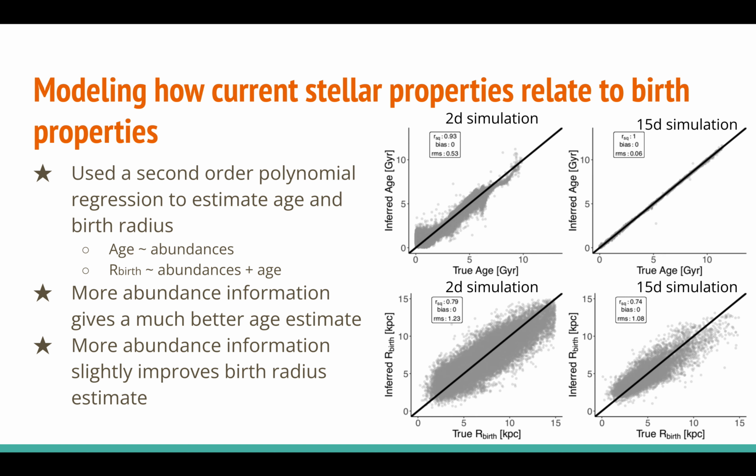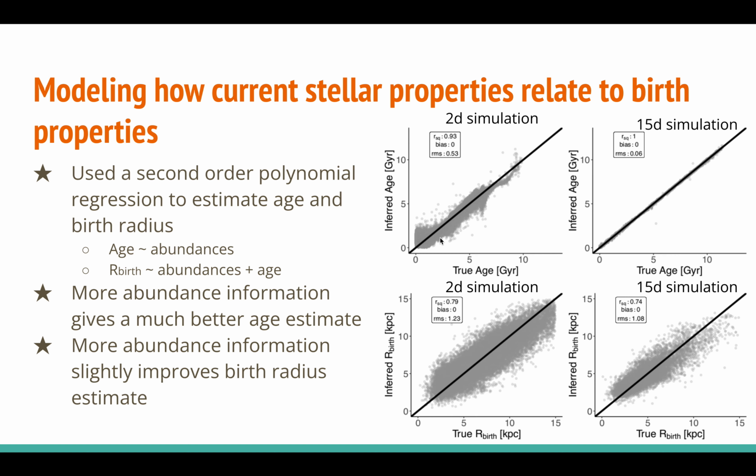We find that the precision of estimating age significantly increases with the addition of more abundances, where we are able to precisely estimate age to within 0.06 gigayears in the 15-dimensional abundance simulation. Whereas in the 2-dimensional simulation, we can only estimate age to within half a gigayear, an order of magnitude worse.